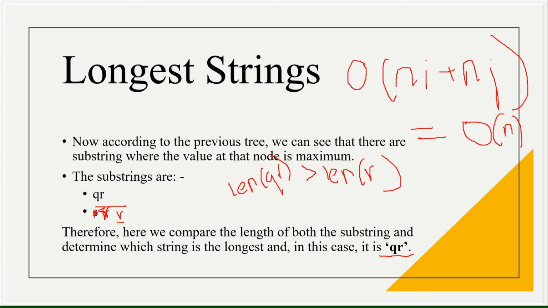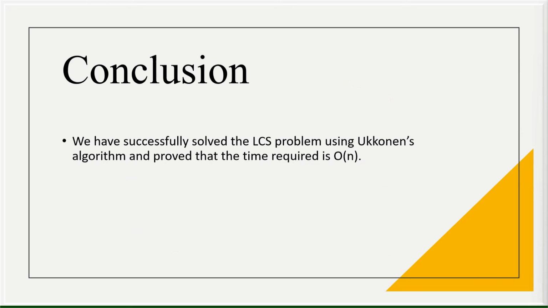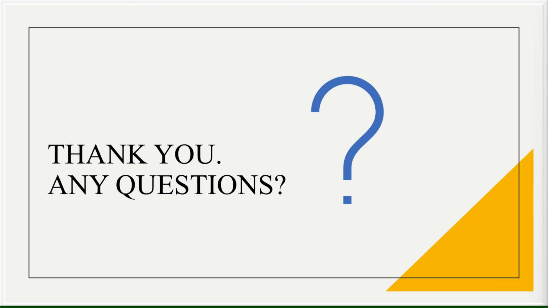Therefore, we can say that the longest common substring can be solved using Ukkonen's algorithm. Hence, we have successfully proved that the LCS problem can be solved using Ukkonen's algorithm in the required O of n time complexity.